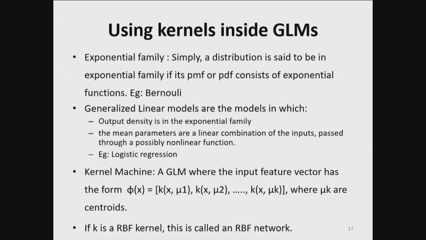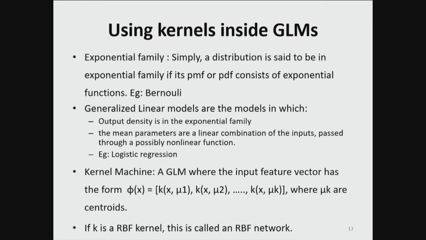Therefore, we have a set of observations and we can have a centroid for some subparts. Suppose mu1, mu2, etc., mu k are the corresponding parameters representing those subparts, we can calculate k of x mu1. Remember, we already have kernel functions.